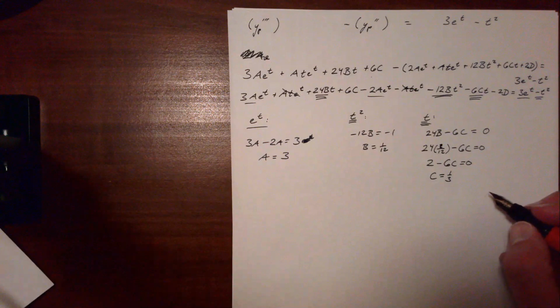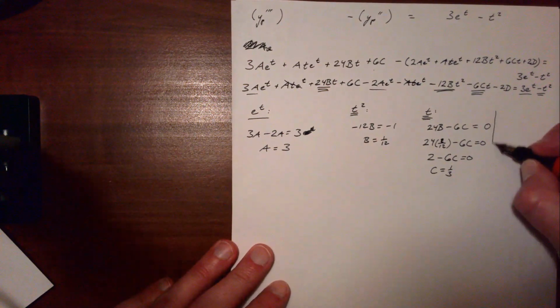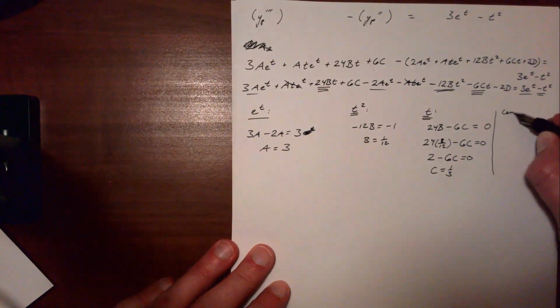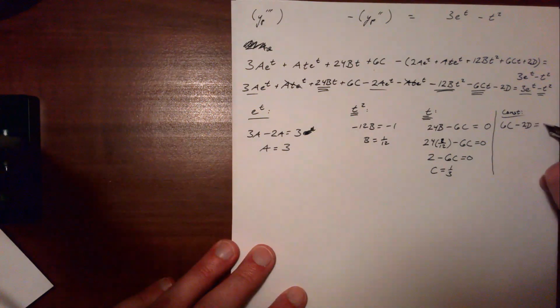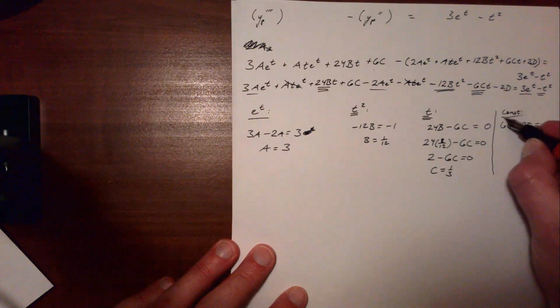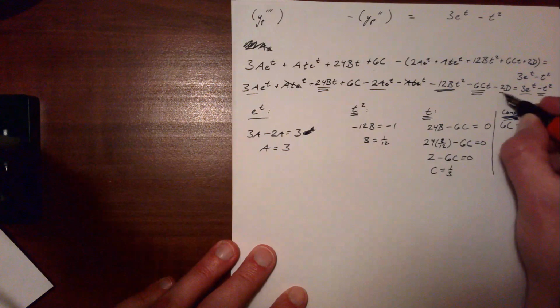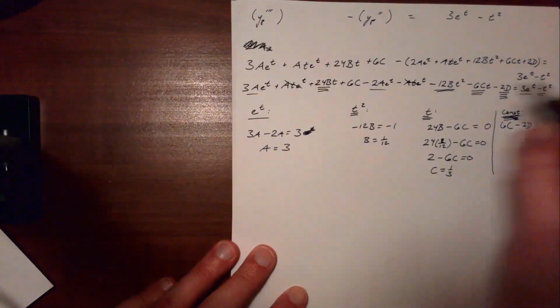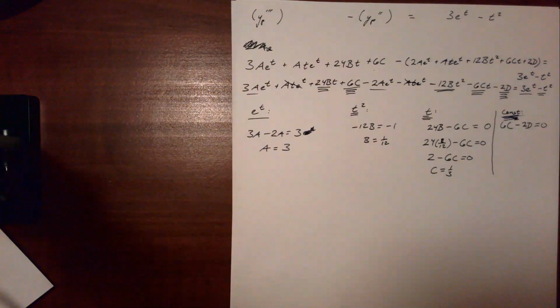Alright. So be it. And then for the constant terms, we've got 6c minus 2d equals 0. So I'll call that 4 underlinings, just my way of indicating which terms were like which terms.